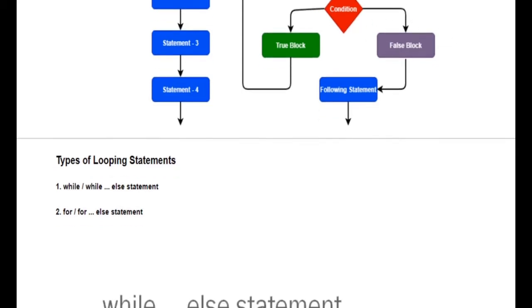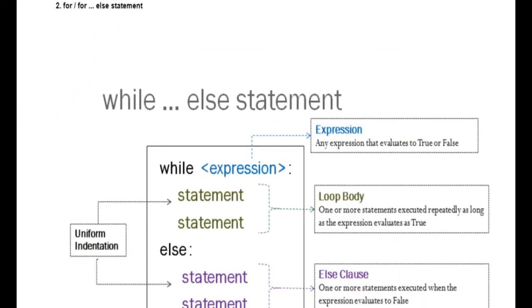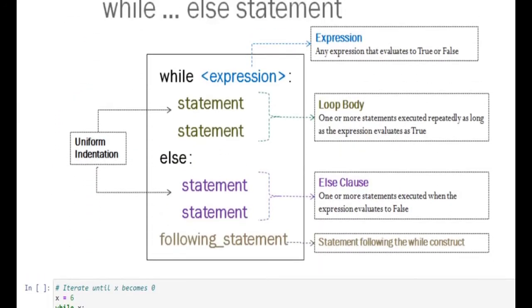We'll see the syntax of while and then for statement. While expression colon, you can have one or more statements, else colon, one or more statements. This I just call a block of statements. In C or C++ or in any other languages, you have some explicit opening and closing of the block.